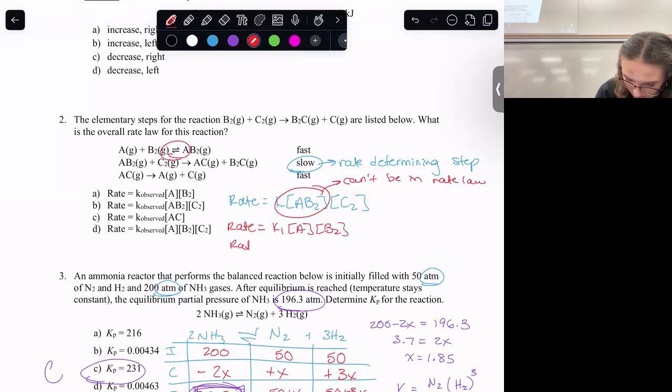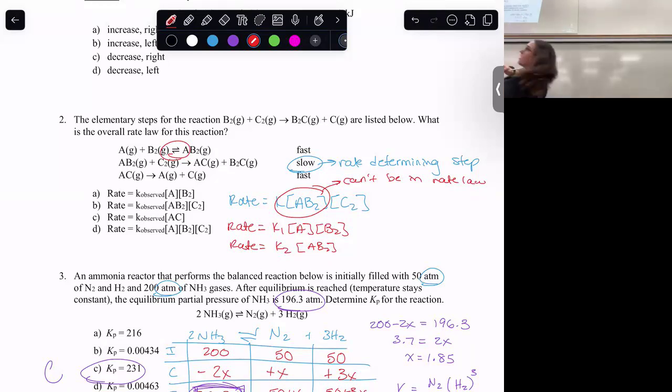And we have rate is equal to K2 times AB2. And what can we do with those 2 rate laws in red? We can set them equal to each other, right?